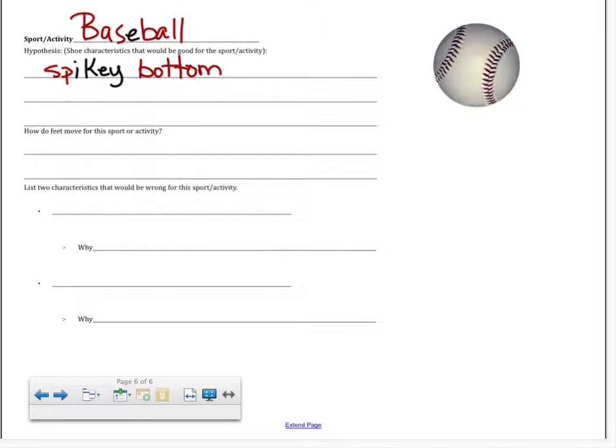What else are some characteristics for this sport? For the characteristics of a shoe, she says lightweight.